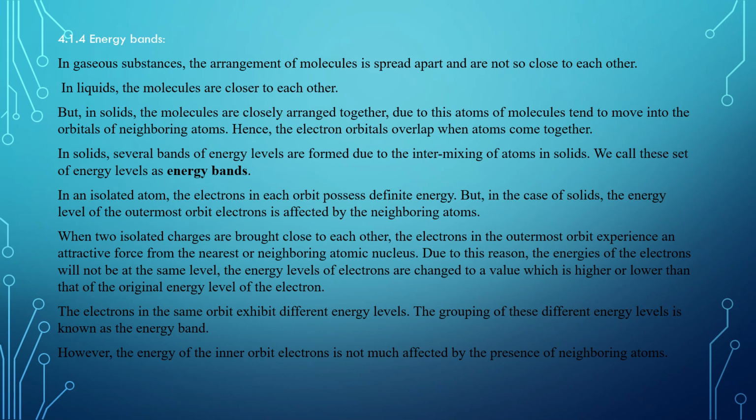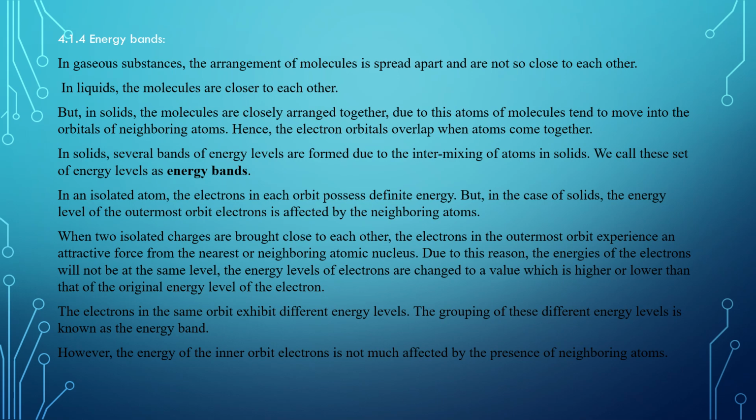In an isolated atom, the electron in each orbit possesses definite energy. But in the case of a solid, the energy levels of the outermost orbit electrons are affected by the neighboring atoms. When two isolated atoms are brought close to each other, the electrons in the outermost orbit experience an attractive force from the nucleus of the neighboring atom. Due to this, the energies of the electrons will not be the same.